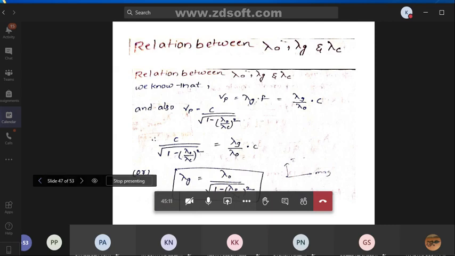So if we substitute all these equations, then the relation between these three will be lambda g equal to lambda naught by square root of 1 minus lambda naught by lambda c whole square. So that is the relation between lambda naught, lambda g and lambda c.